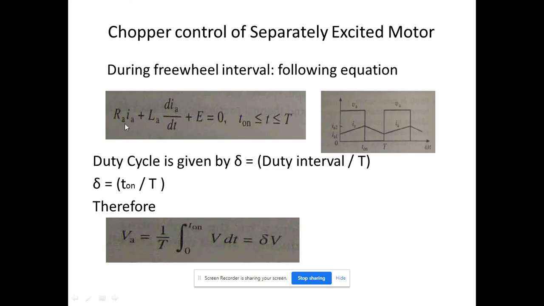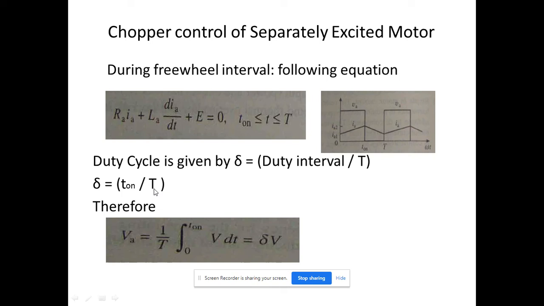And the circuit equation is given by Ra Ia plus La di by dt plus E is equal to 0. Now come to the duty cycle. This duty cycle delta is equal to T on upon T. T is the total time, that is T is equal to T on plus T off.